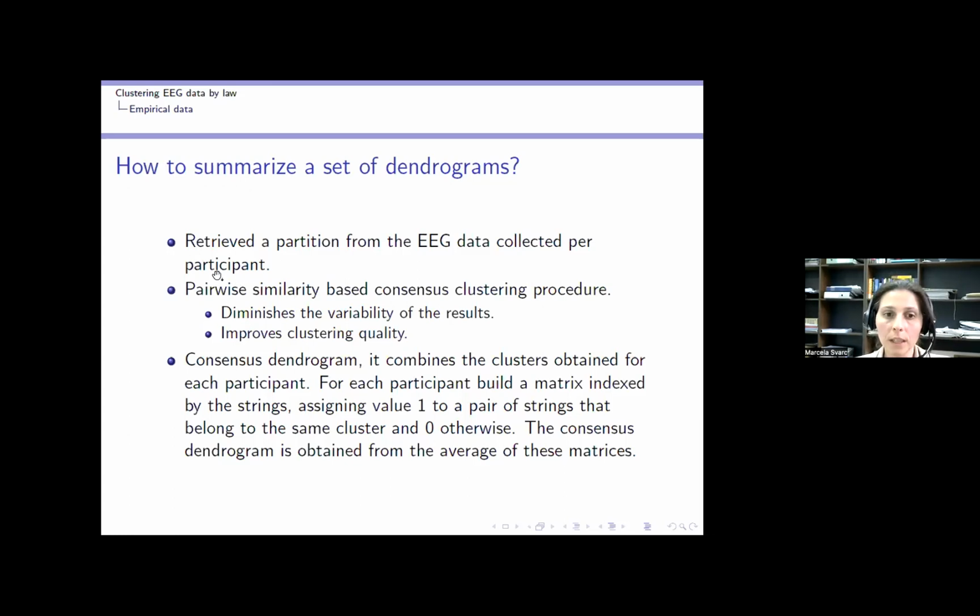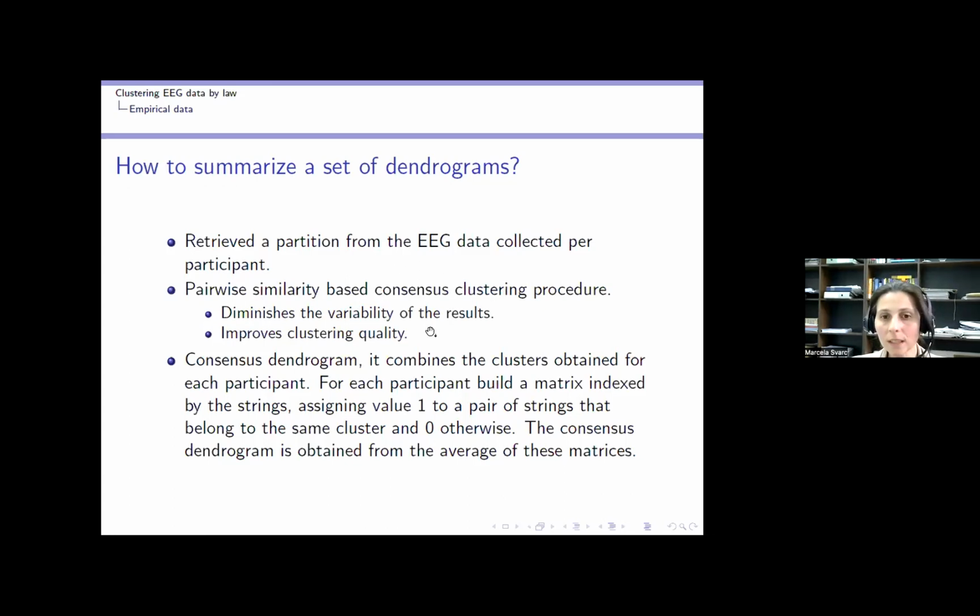So what we have done is to think in a consensus clustering procedure, because this would diminish the variability of the results and improve the clustering quality. This is well known when you have this kind of problem in clustering.